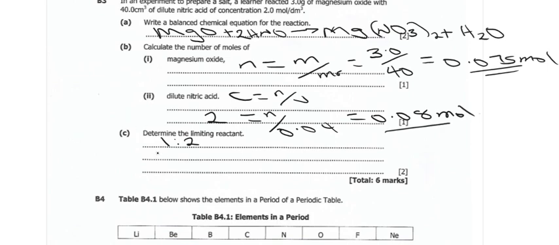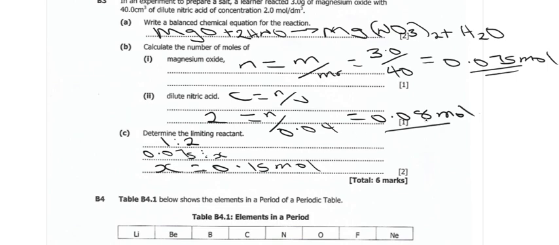So say 0.075 to react with this one. Now let's see, if we multiply this by 2, what are we getting? So we are getting 0.15 moles.